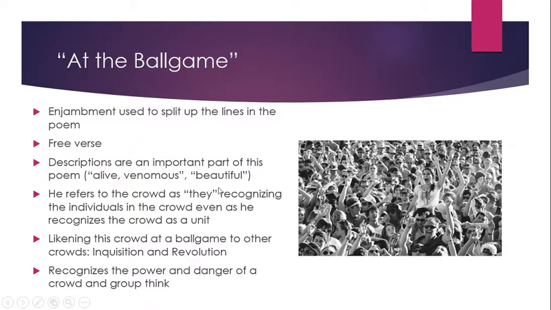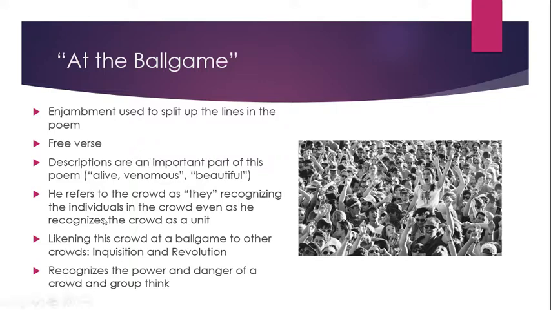But this split use of they and it speaks to his recognition of the crowd being made up of individuals, right? The crowd is not just one thing in which, if you're a part of a crowd, you lose all free speech or free thinking ideas. And in fact, he seems to be warning us against that, the capacity for us to be swept up by the crowd.